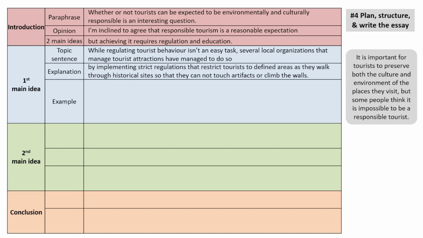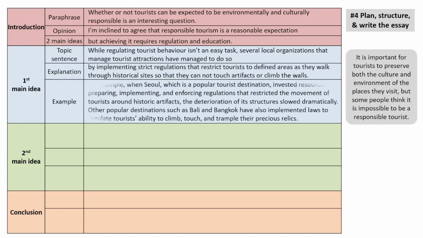So you use that same easy, simple language that says exactly what you want to say. And then I have my example, which is very relevant to what I'm trying to say. So it supports my topic sentence and my explanation.